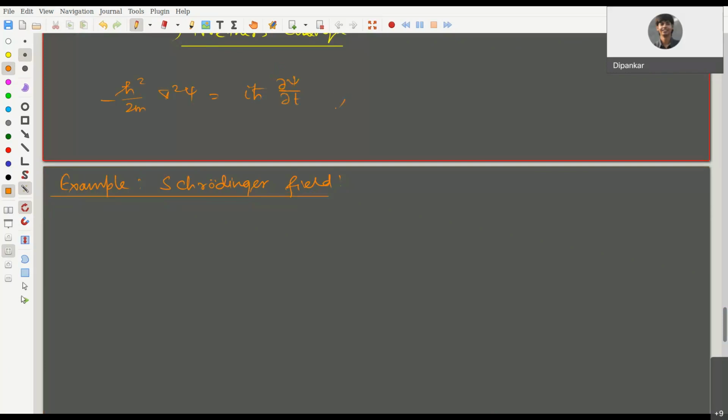For this equation, if you define the probability P to be the integral of psi star psi dV, then this total probability doesn't change with time, so dP/dt equals 0. Did you prove that in your quantum mechanics courses, maybe in bachelor's, maybe in master's? Yeah, you did that, right? Good. Sorry, I forgot the potential term, the V.